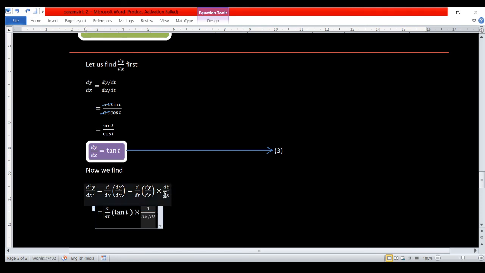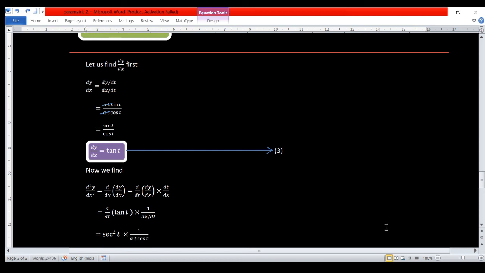So 1 by dx/dt is nothing but the reciprocal, because I know dx/dt from equation number 2. Differentiation of tan t with respect to t is sec² t, into 1 by dx/dt, equation number 2.